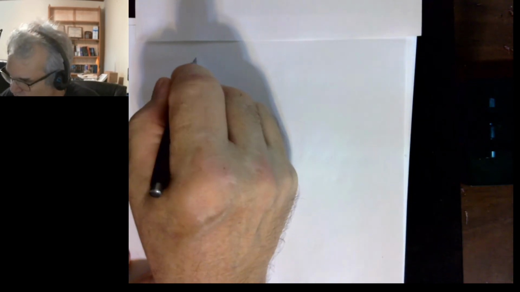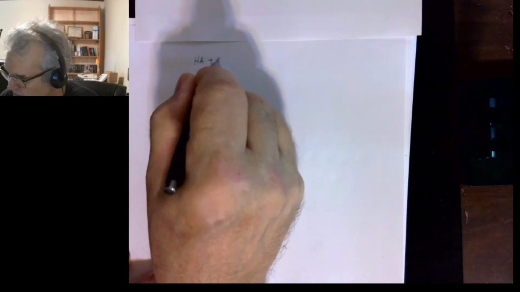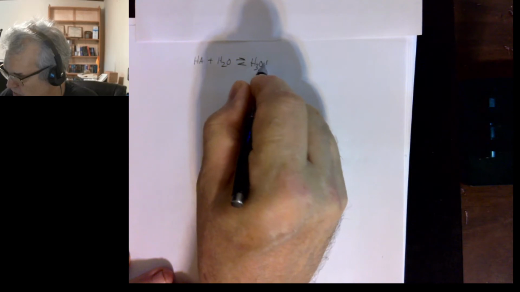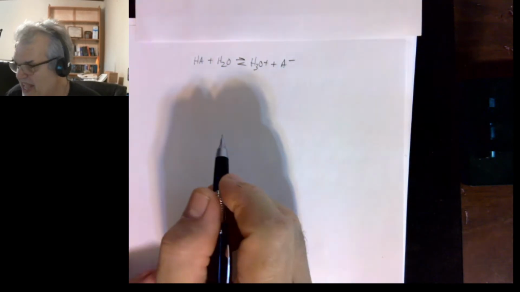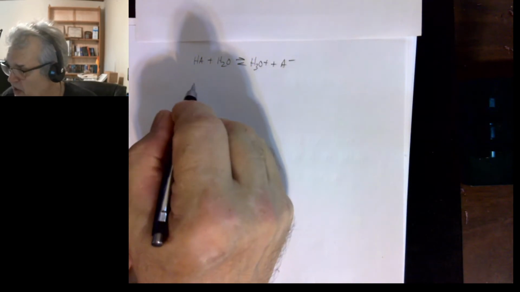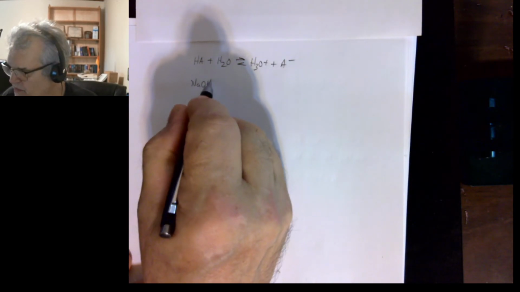Now, let's think about what happens if we add 10 milliliters of strong base. Remember, we've got HA plus H2O goes to give us H3O plus A minus. Now we're going to add in a strong base, sodium hydroxide, NaOH.